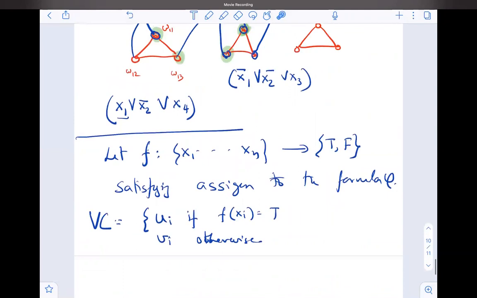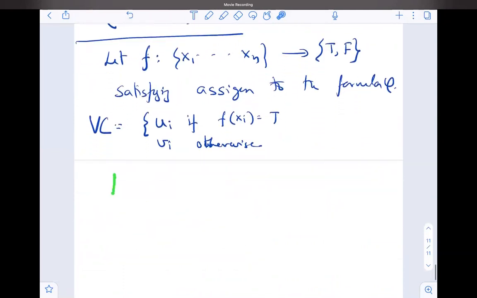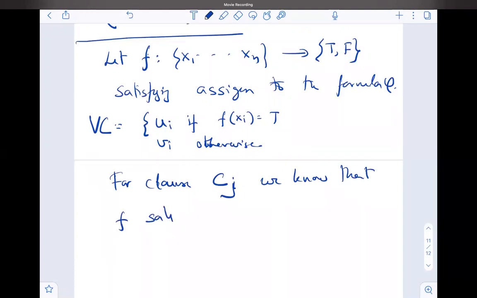Now for each clause ci, or cj maybe, we know that f satisfies cj. What does it mean?